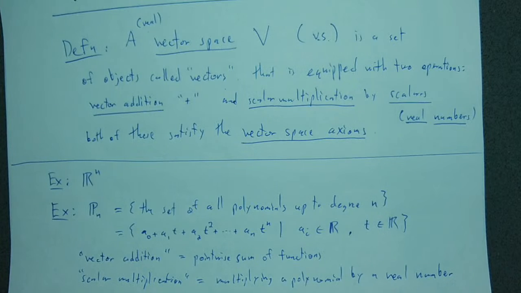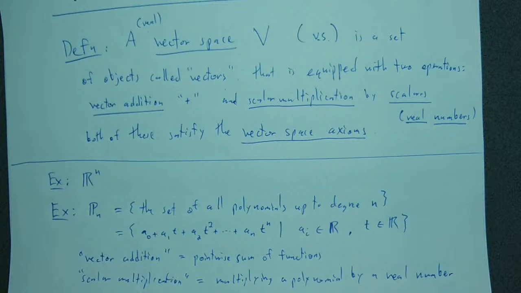What is the vector additive inverse? If you have a polynomial, what is the vector you can add to it that makes it the zero vector? Well, it's just that same polynomial where you've replaced every single coefficient with its negative. So that's how this works.